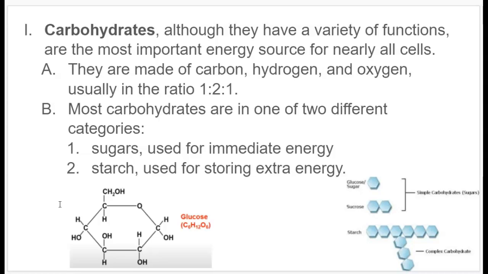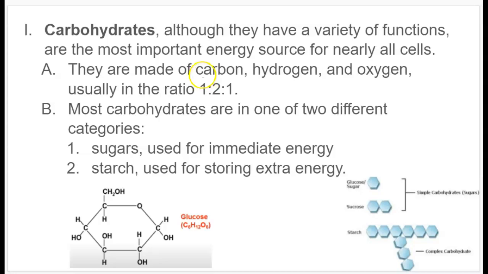Carbohydrates do a lot of different things inside the cell. One of the things we need to remember is they are the most important energy source for almost all cells. We need to know what chemical elements are found in carbohydrates.